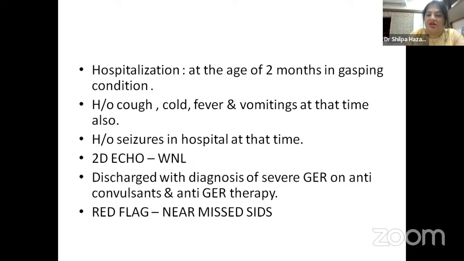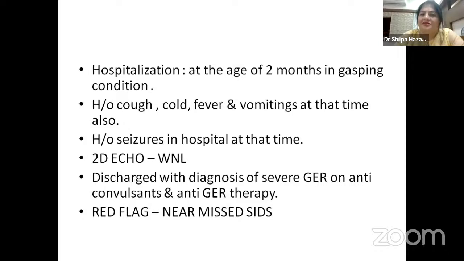The child was discharged at 2 months with a diagnosis of severe GERD, no further workup was done, and the child was discharged on anticonvulsants and anti-GER therapy.